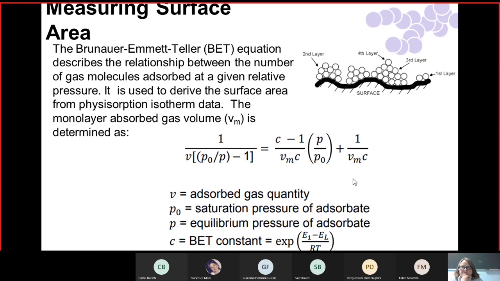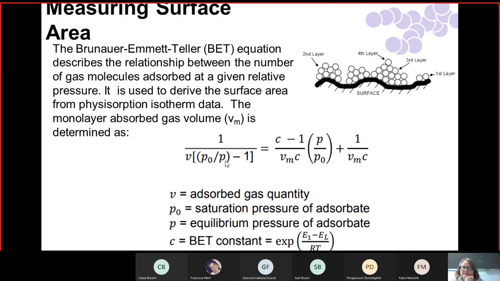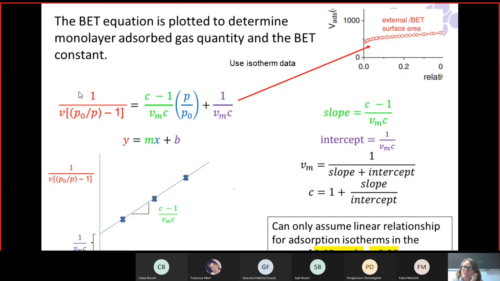So the way it's done, if you look at that equation, this is like an equation of a line. This is y, this is the slope, this is x, and this is the intercept.